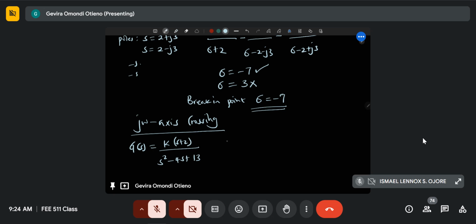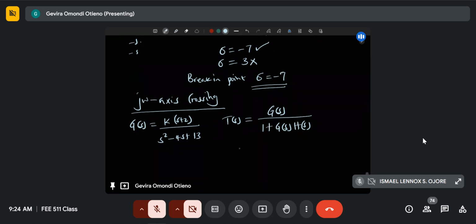The closed loop transfer function should be G of S over 1 plus G of S H of S. Remember, we were told it's a unity feedback system. So solving this, what is G of S? It's this. If I solve this, it should be K times S plus 2 over S squared minus 4S plus 13 plus K times S plus 2.